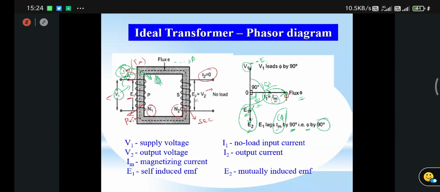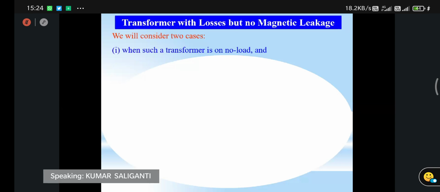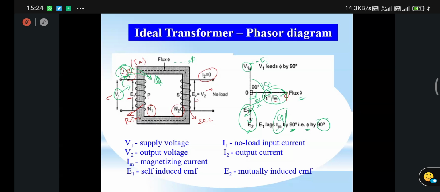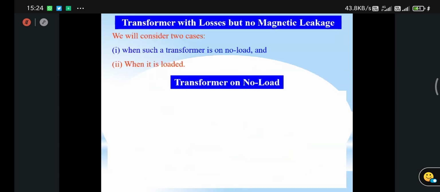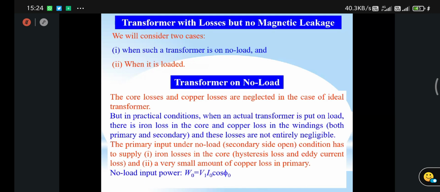Coming to the practical transformer, let us see. Consider a transformer with losses but no magnetic leakage flux. We will consider two cases here: when such a transformer is on no load, and when it is loaded.